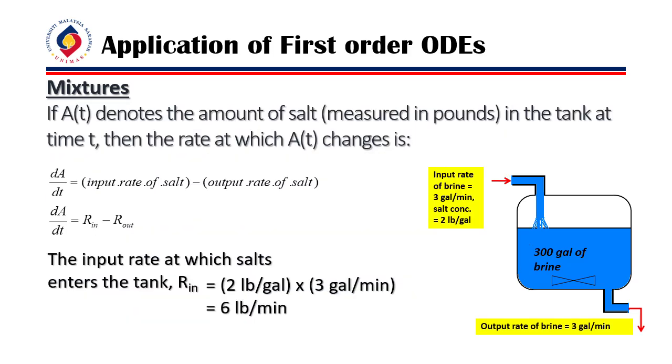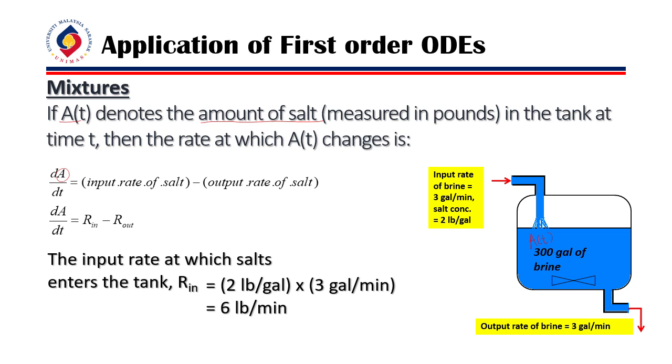Next, if A(t) denotes the amount of salt measured in pounds in the tank at time t, then we use A here because we denote the amount of salt as A instead of x or y.